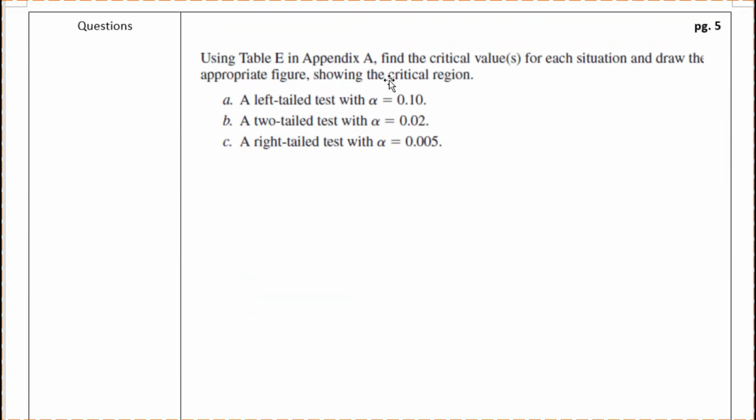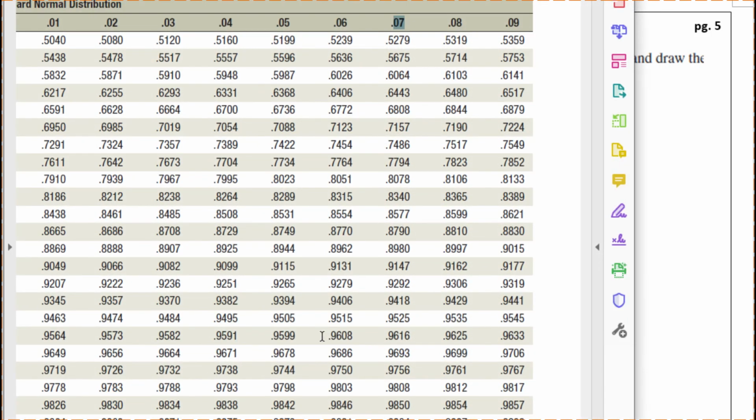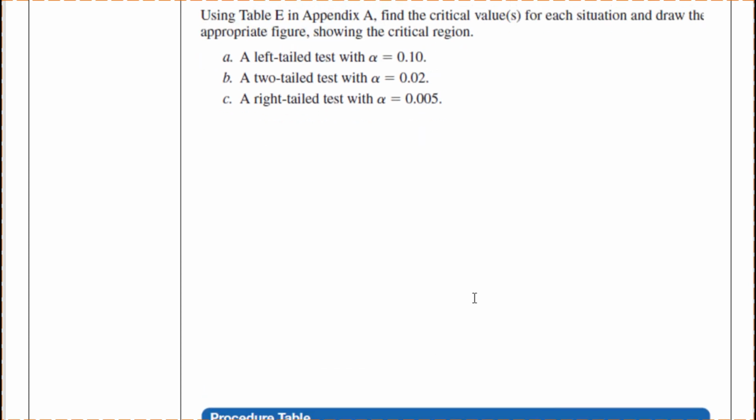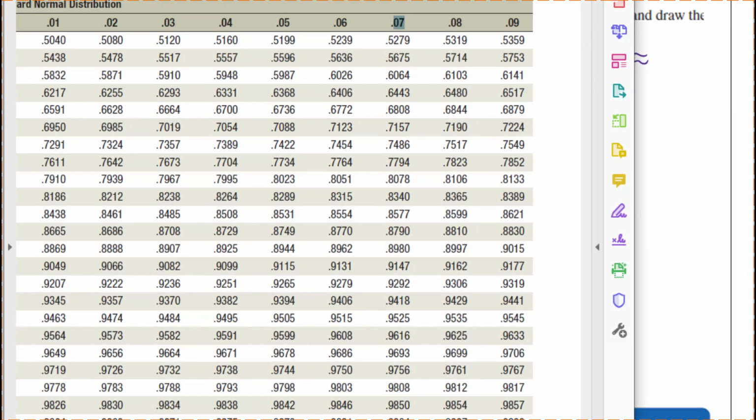Alright, so using table E in Appendix A, this is the table that I showed you, the Z table here. Find the critical value for the scenario and draw the appropriate figure showing the critical region. So we're going to quickly do the critical regions here. Since we're doing a left-tailed test, we use alpha. So use 0.10. Okay, so we look this up. We get a Z. So we're going to look up 0.10 now.